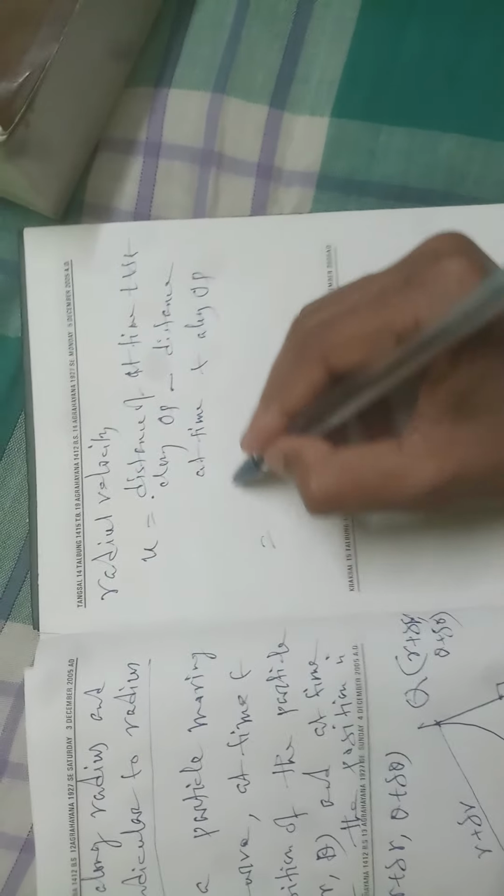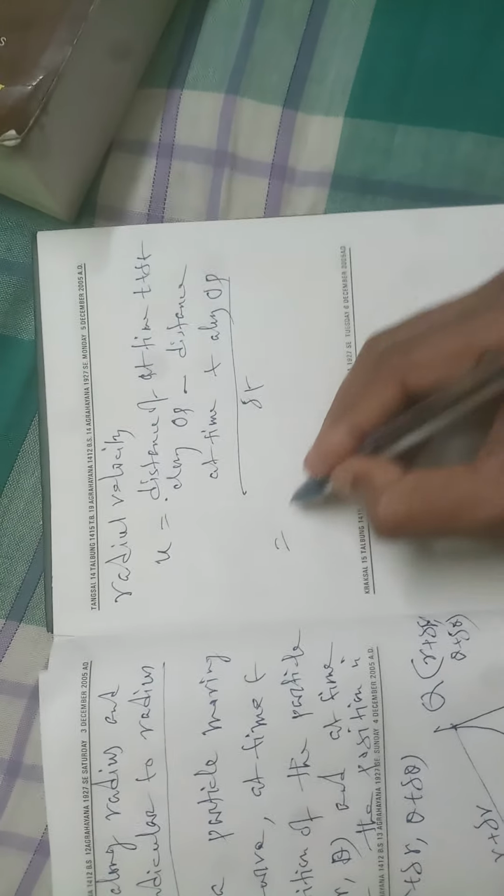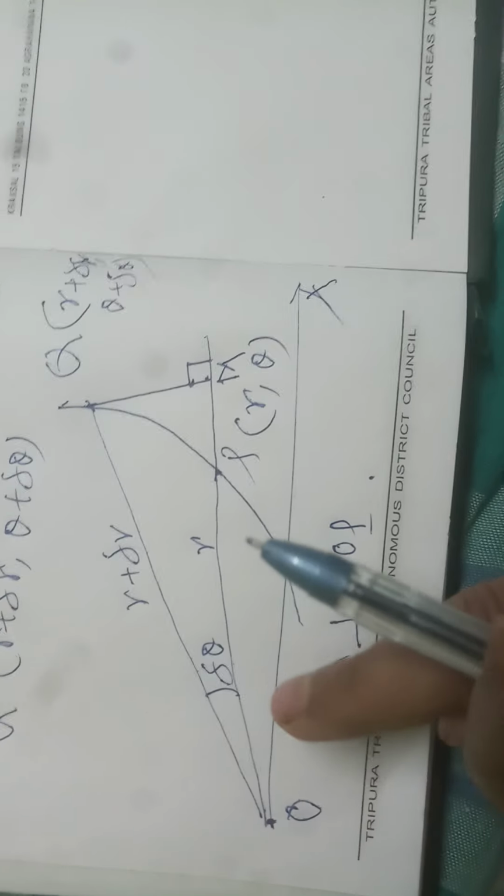All divided by delta t. So the first distance along OP is equal to OM. So this equals OM minus the distance along OP at time t, which is equal to OP. So this minus OP, divided by delta t.